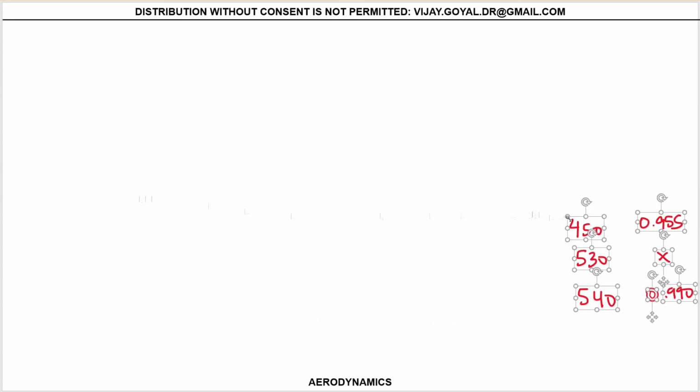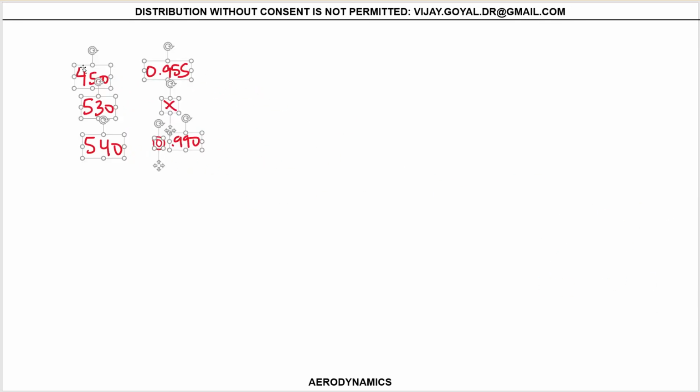The linear interpolation is done as follows. You use these two points to find a slope.